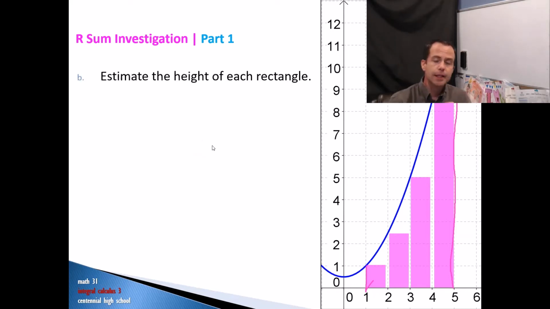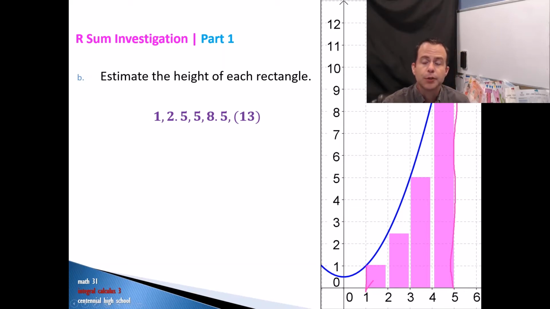Estimate the height of each rectangle. Well, I'm just going to take a look here. The height's 1. I've got a height of 2.5, a height of 5, and a height of 8.5. I put in brackets the last one, which is 13 as well, because that would be if I had taken this rectangle all the way up. That would have been my overestimation.